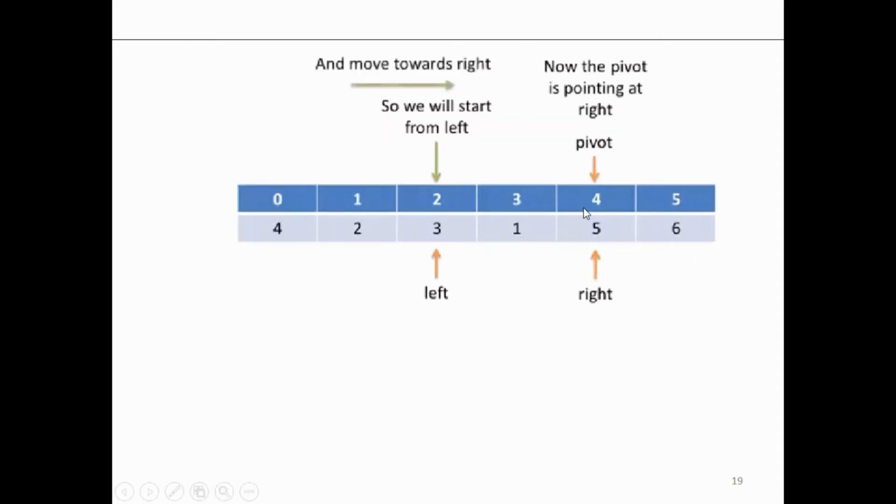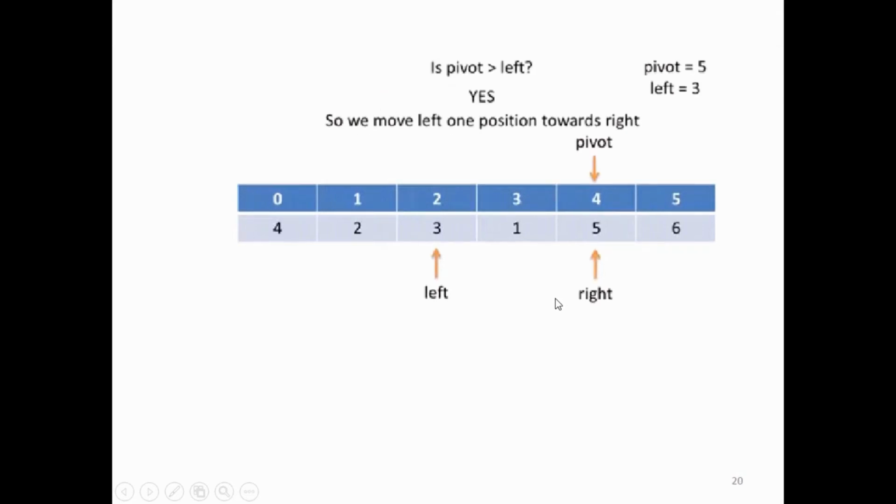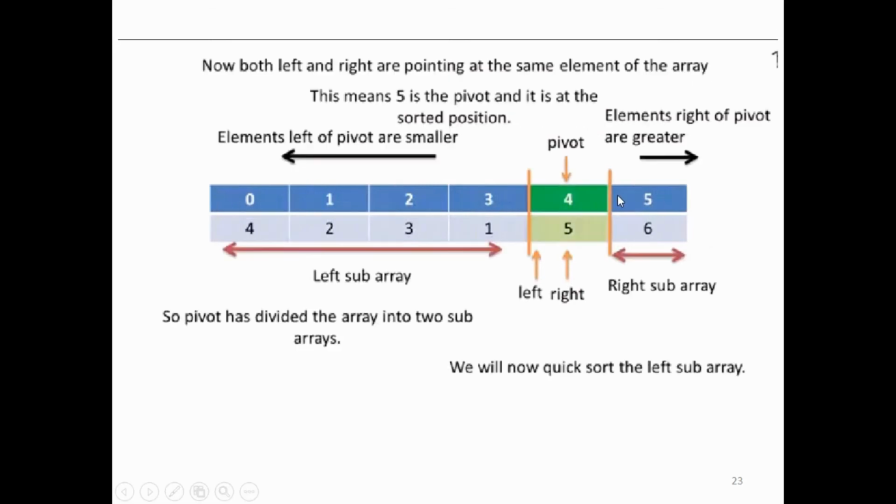Now the pivot value 5 is greater than the leftmost element, so the left index will increase to index 3, and it will indicate the value 1. Again we can see 1 is lesser than 5, so the left position moves towards the 5, and now the pivot, rightmost and leftmost elements overlap each other, so I have found a sorted element, 5.